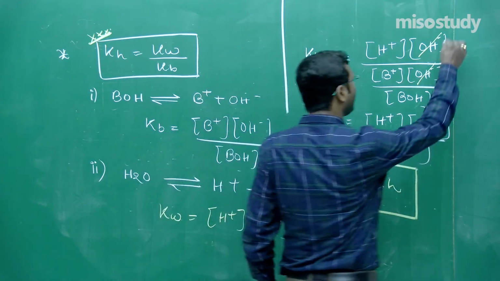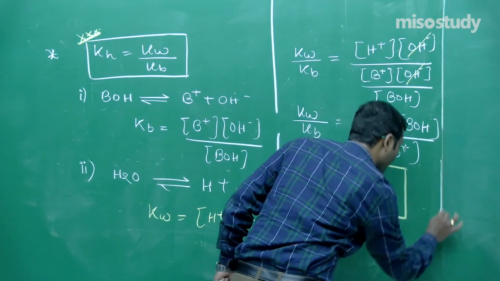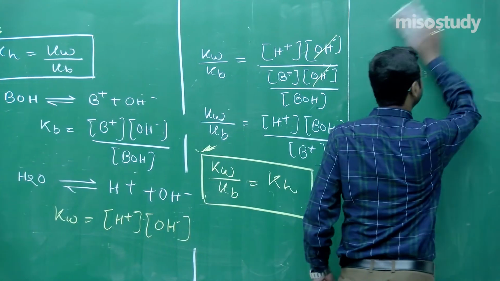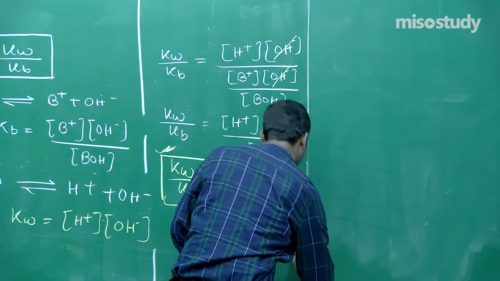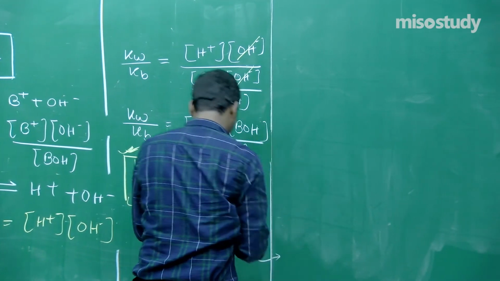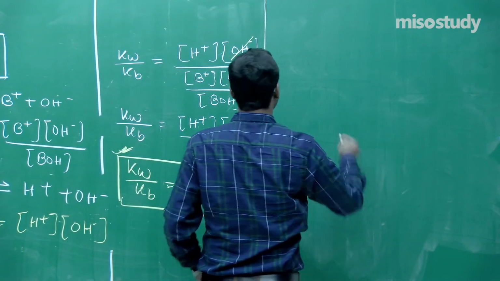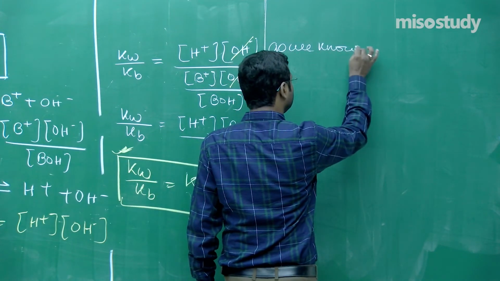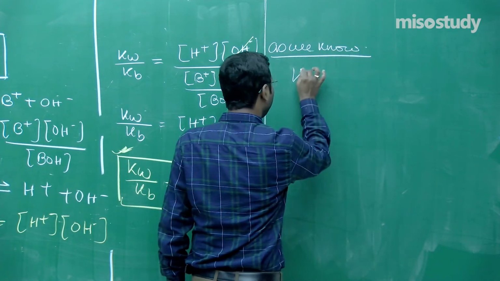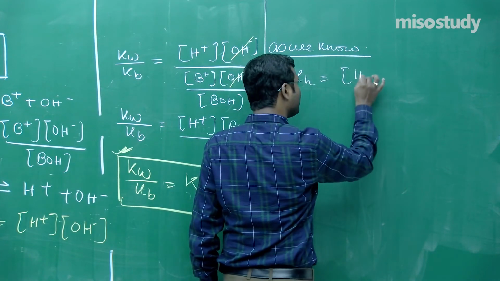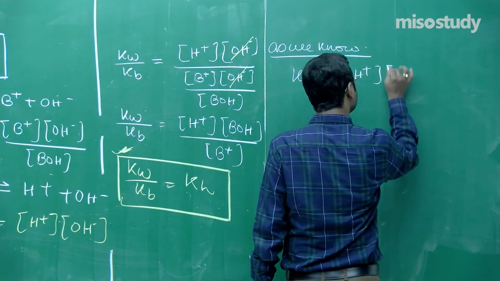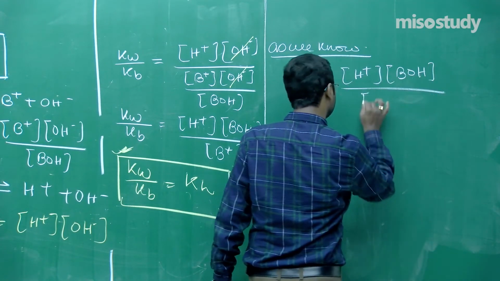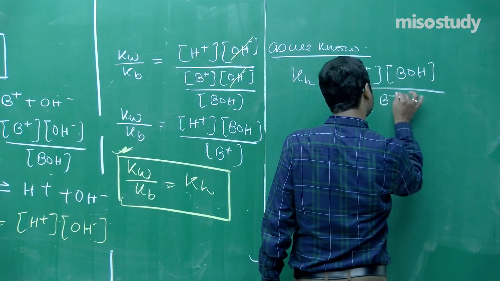Now I'm moving to the other part. As we know, KH is equal to H plus concentration into BOH upon B plus concentration.